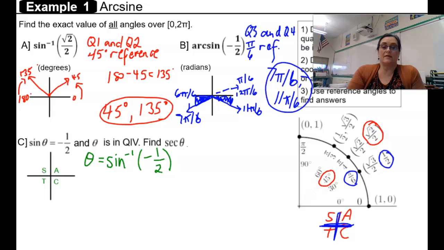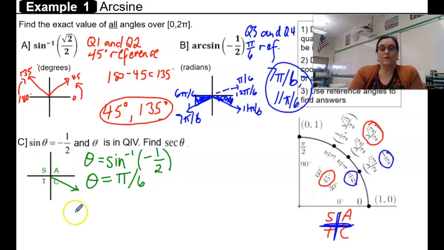And the angle we found in part B that has a y value of -1/2 in quadrant 4 is 11 pi over 6. So we saw that in our answer for part B. So now I know that theta is 11 pi over 6, and that's this angle right here.